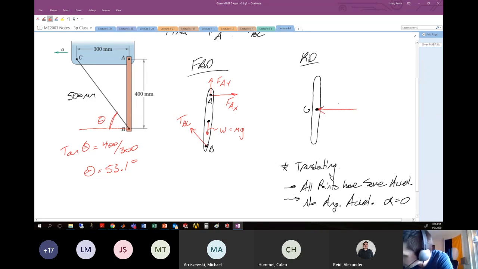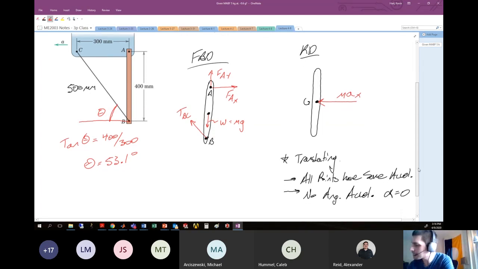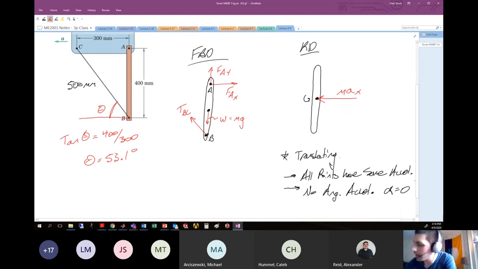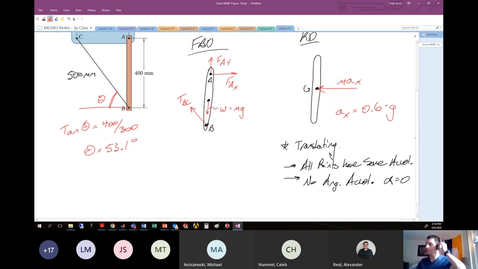We're accelerating in this direction with m a_x, all right? Where we know that a_x is 0.6 times g, where g is the acceleration of gravity. All right, that was given in the problem.